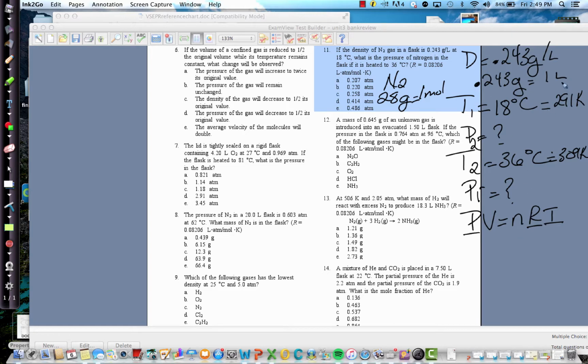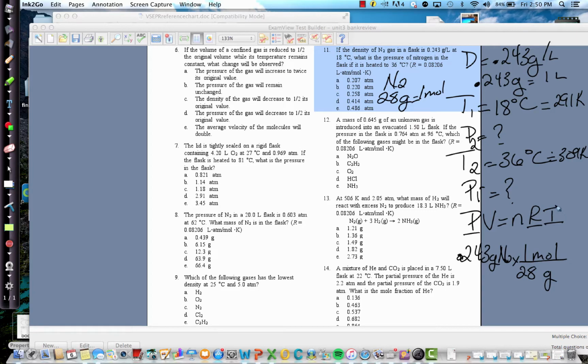If the volume is 1 liter, I know I would have this many grams, but I can't plug it in as grams. I'm going to have to convert it to moles, so let's do that first. I'm going to convert my grams of nitrogen into moles: 1 mole on top, and 28 grams on the bottom.